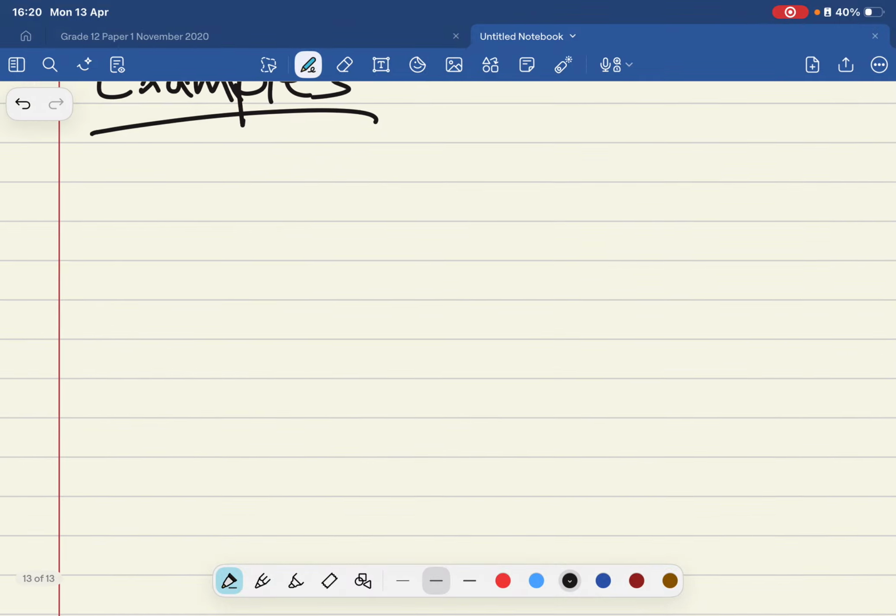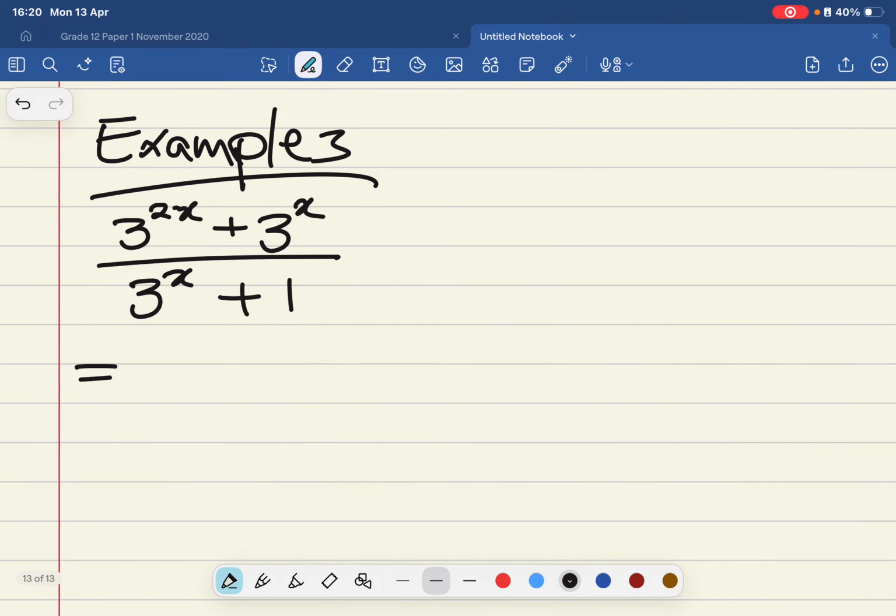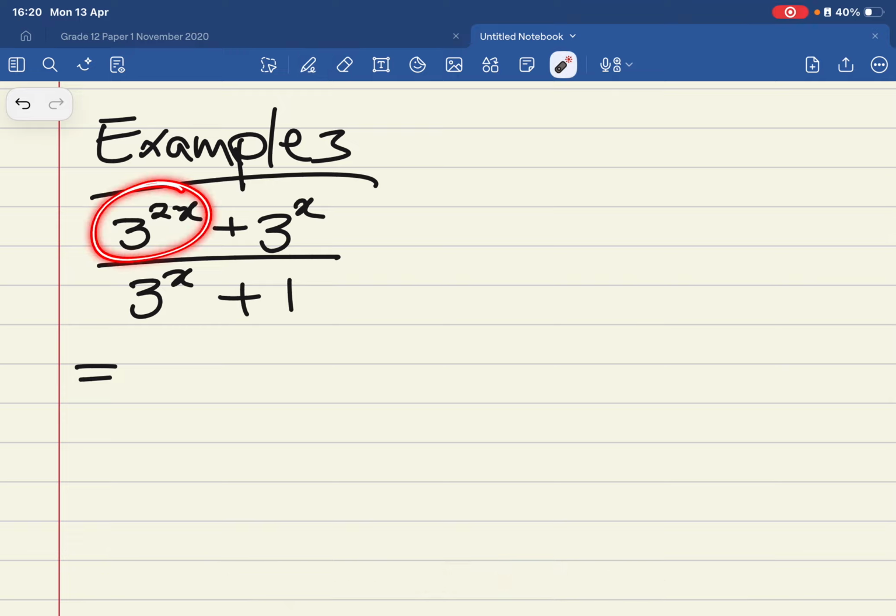Example number 3: I'll have 3 to the power of 2x plus 3 to the power of x over 3 to the power of x plus 1. As you can see, I have 2 terms on the numerator and 2 terms on the denominator. So I must try to take out the common factor, but first I need to break this first.